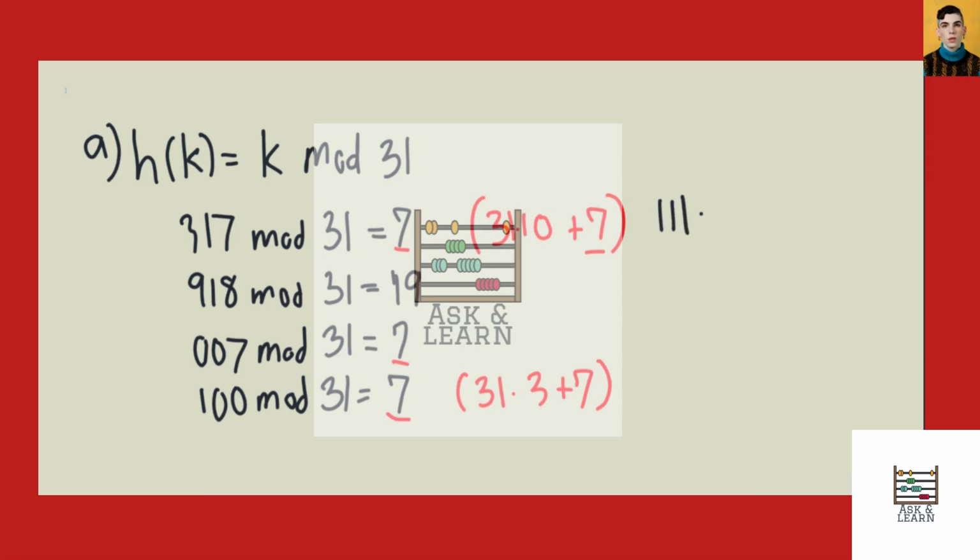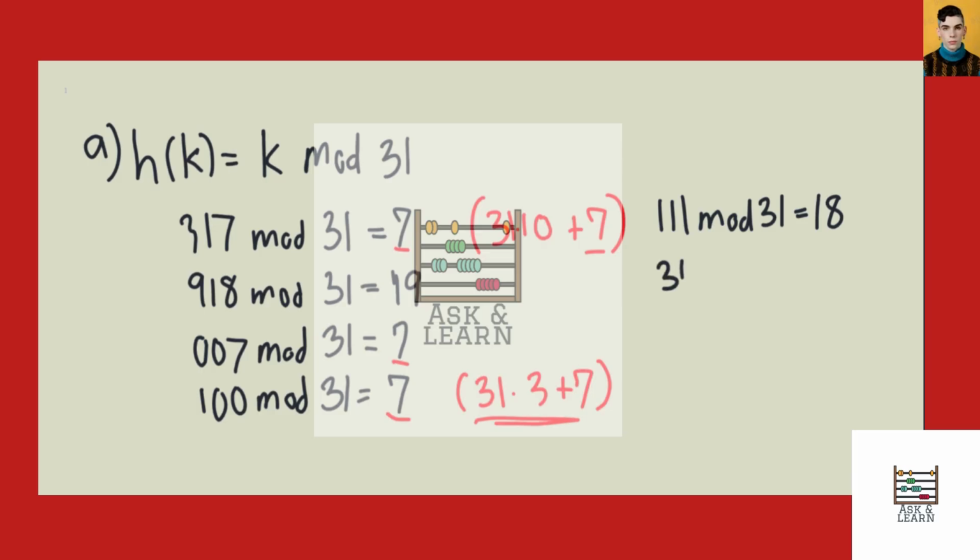So we want to take 111 mod 31, and this time our remainder is going to be 18, right? It's just 11 more than this previous one, so we'd have sort of this same representation of 31 times 3 plus 18 to get 111.